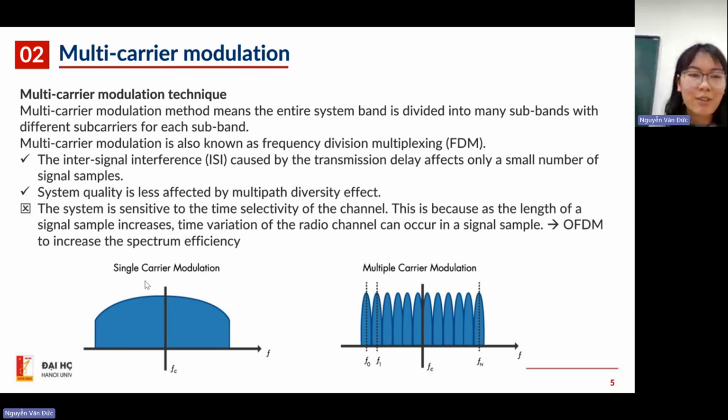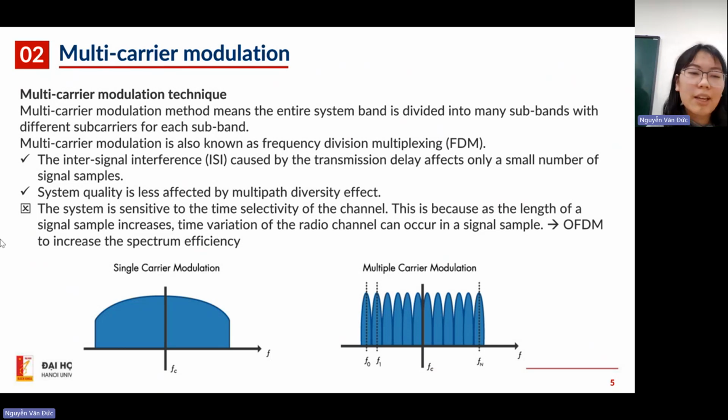There are some advantages of multi-carrier modulation compared to single carrier modulation. First, the signal interference caused by the transmission delay affects only a small number of signal samples. And the second is the system quality is less affected by the multipath diversity effect.